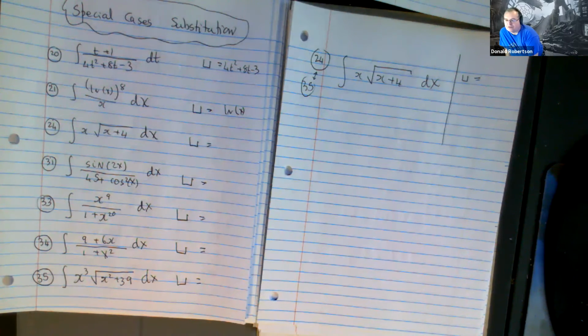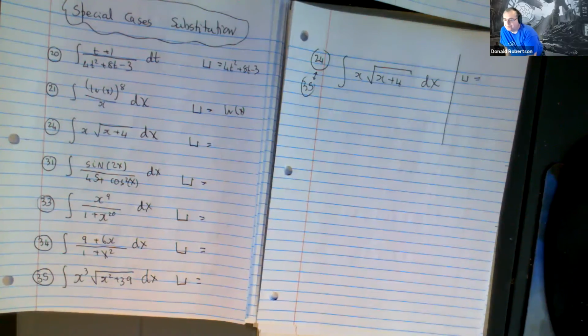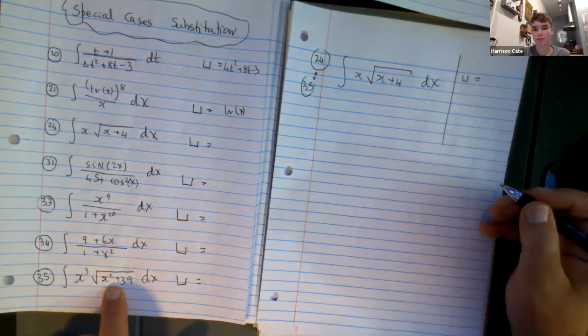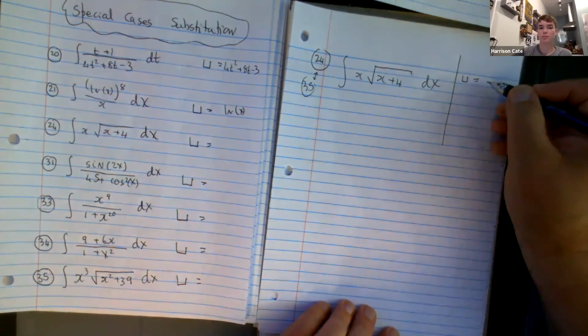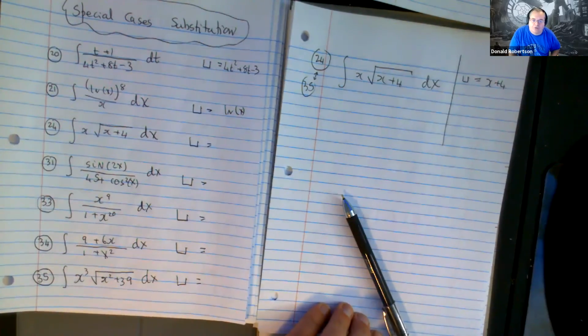Its U sub is actually very simple and obvious. That's not the problem. So what is the U sub? X plus 4. Yeah. And see, when you do 35, it will be x squared plus 39. So that is not the problem. So why is this a special case?